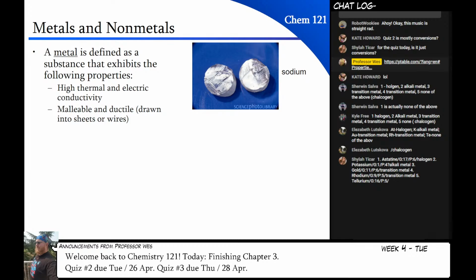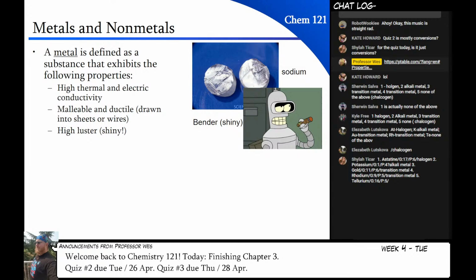And can you guess what you do after that? You stop, unless it isn't thin enough, in which case you pull it some more. But this is how you make wire. You just pull on metals. They won't break. The metals want to stay one contiguous piece, and when you apply a force to them, they change their shape. The last important property of metals is that they're shiny. So luster, like Bender here.